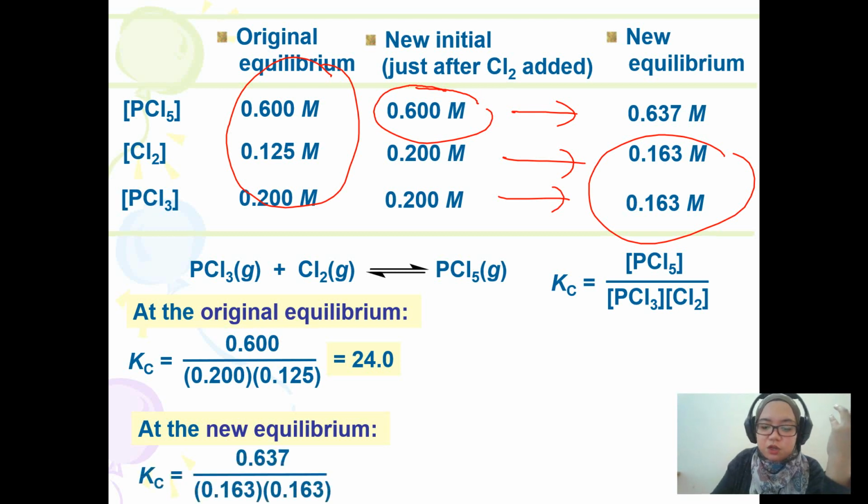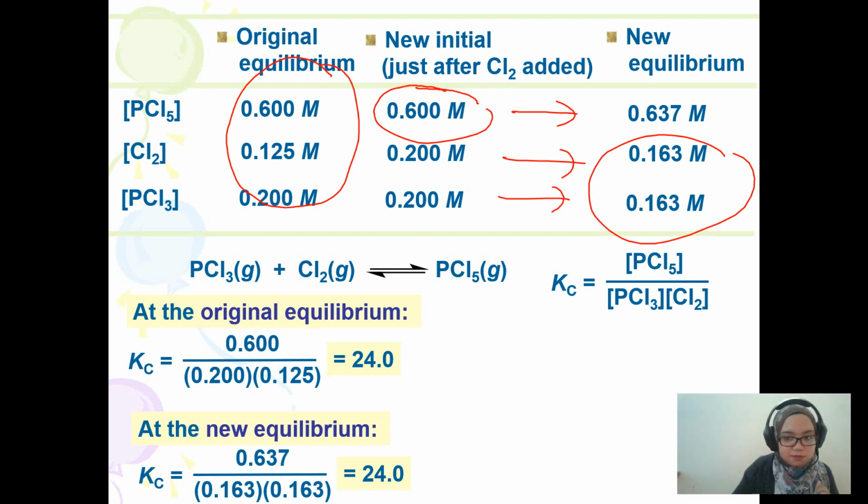So now at the new equilibrium, we will still achieve the same K. Maksudnya, here we can say that the factor of concentration does not affect the value of K. The value of K will remain the same. Okay, cuma yang berbezanya adalah the concentration of the reactant and product when achieving the new equilibrium.